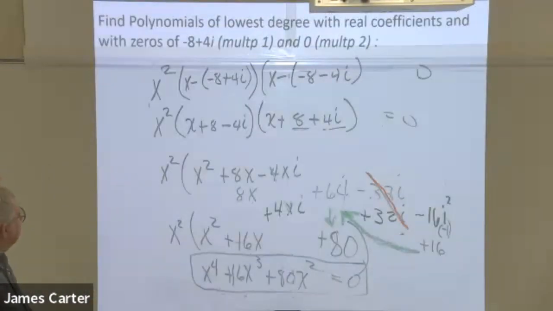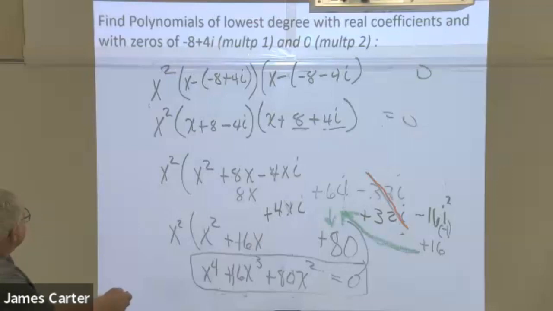Okay, here's one that I've got worked out for you already. Find polynomials with real coefficients and with zeros of that. If I've got that, which is right here, then I've also got that. If I've got this one, I've got that one.